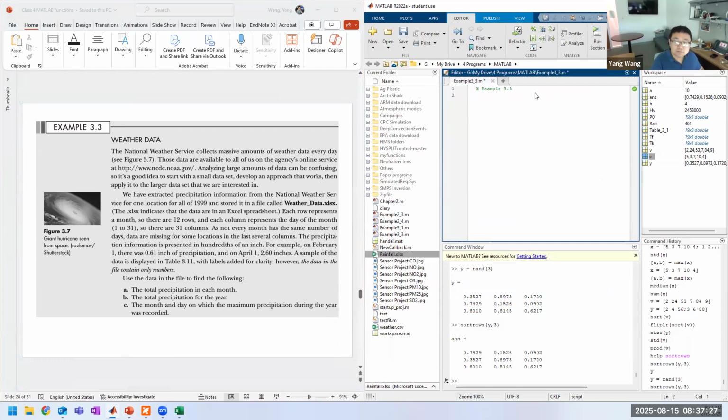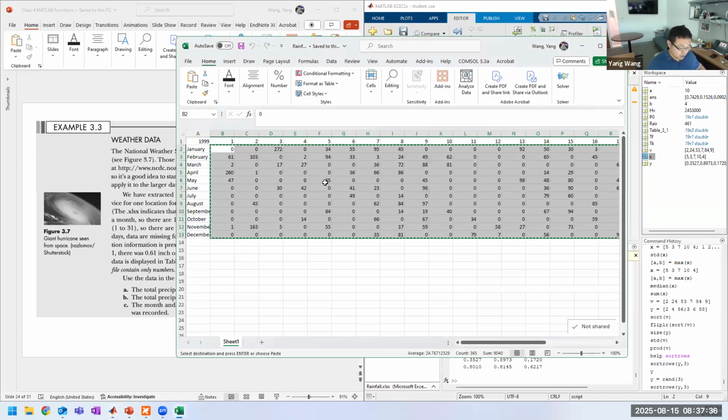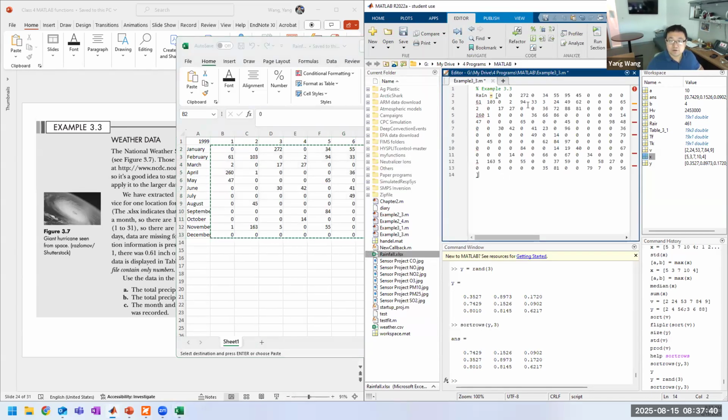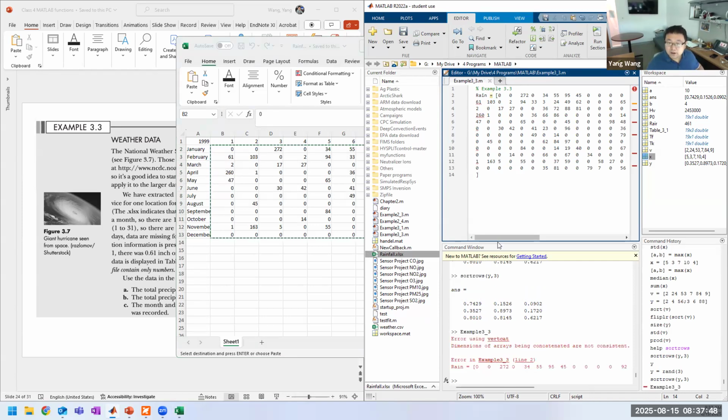Okay, so we can do, let's say, rain equals. What I just did is I copied everything from this table to put it over here. So now you have the entire matrix of the rainfall data. If you're curious, you can just run it, okay?